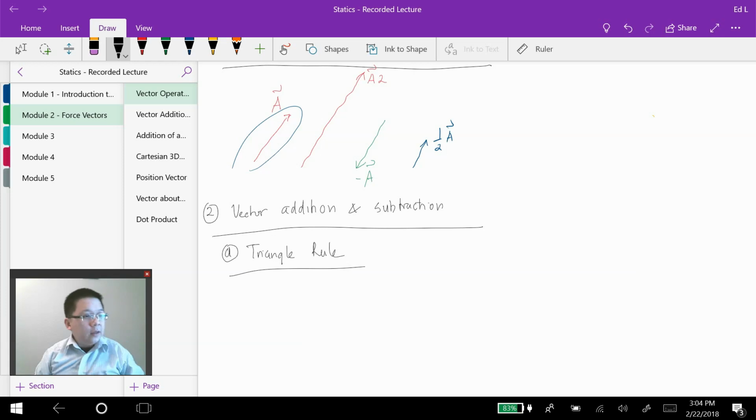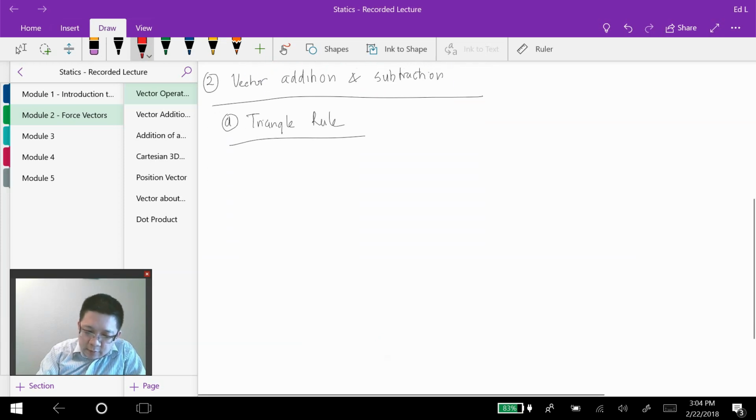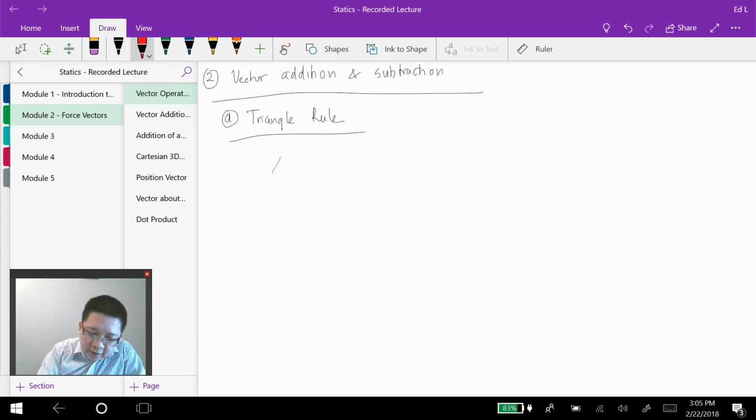It's based on the triangle rule. So let's say that we have factor A, and then factor B right there.